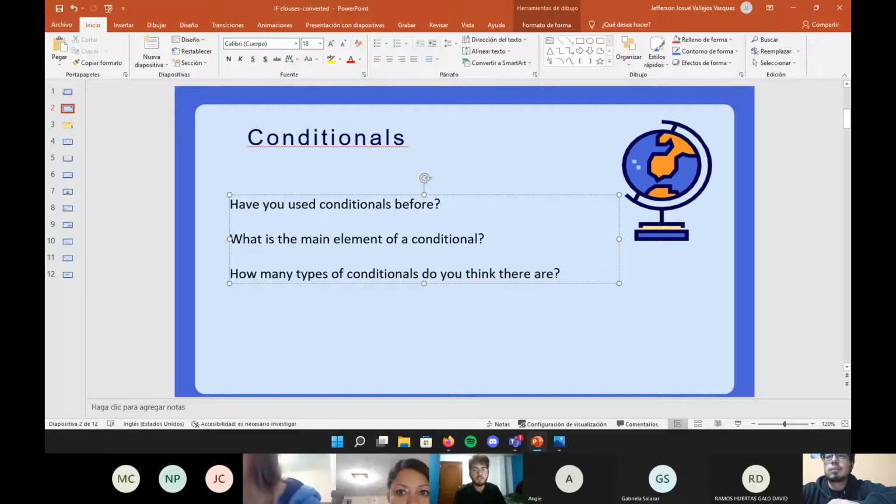Galo, can you help me with that? Yes, maybe it is the condition, right? Because it's like if I was a rich man or something like that, right? Okay, Galo says condition. Another one, can you give me an important element of the conditionals?